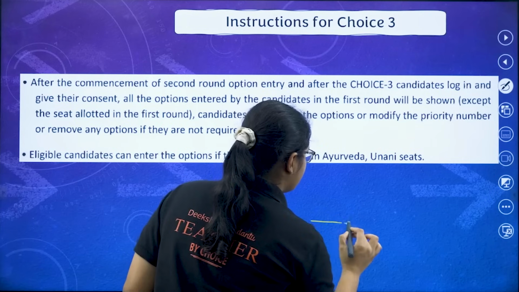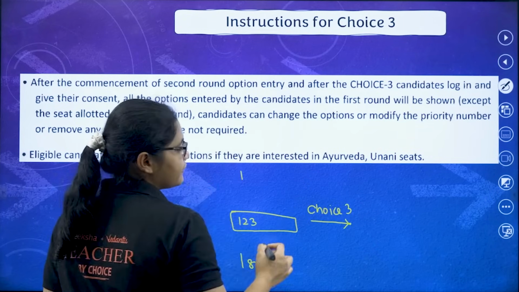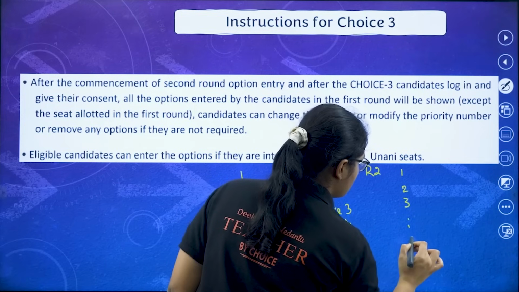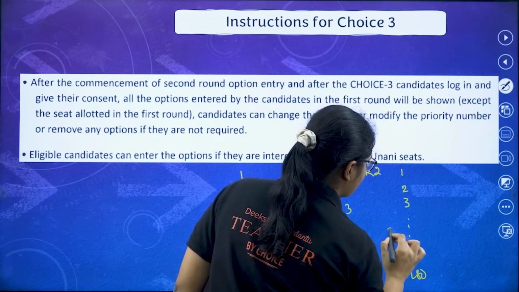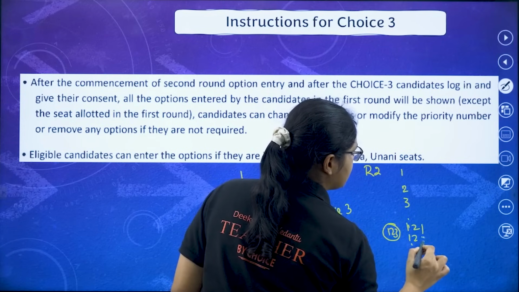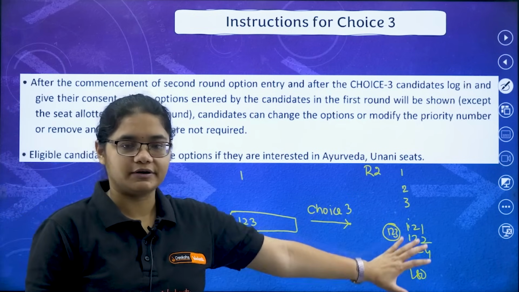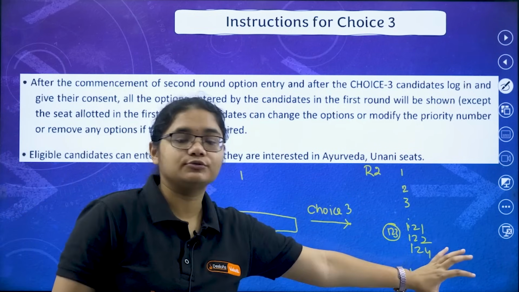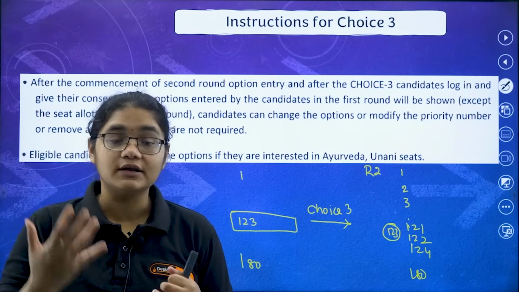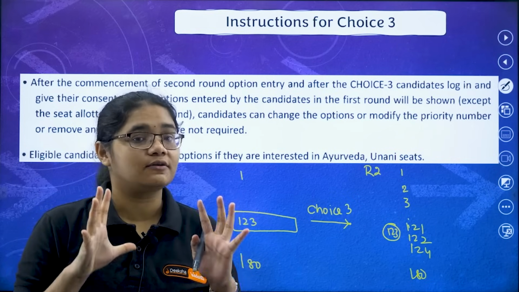Now when you have selected choice 3, then in round 2 you will have all the options remaining for you up to 180, but this 123 will not be there. After 121, 122, 124 will be there. This option will not be there, all other options will be there. You can modify them, re-alter them, reorder them, you can delete any options. So all the options are available for you.